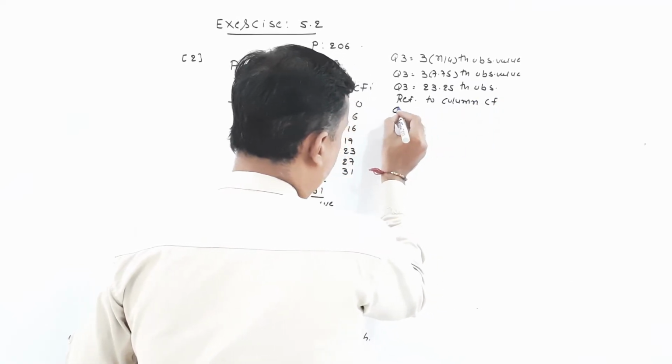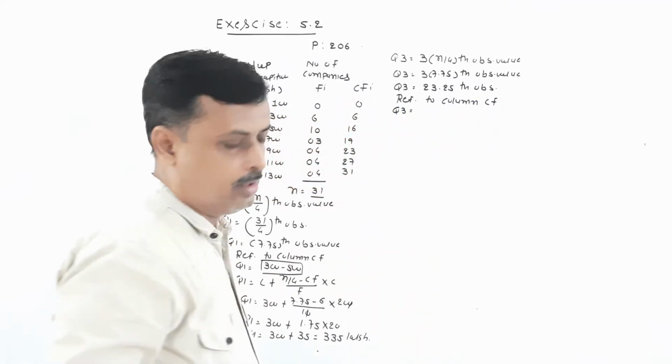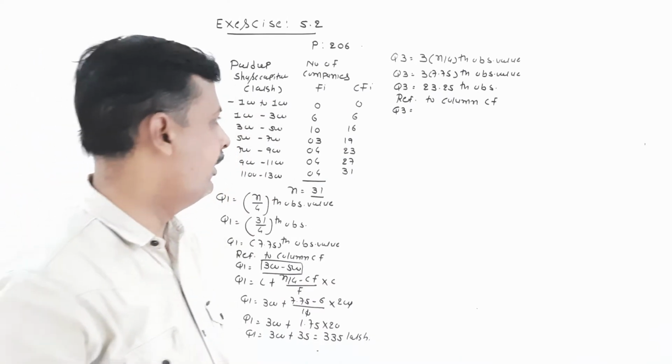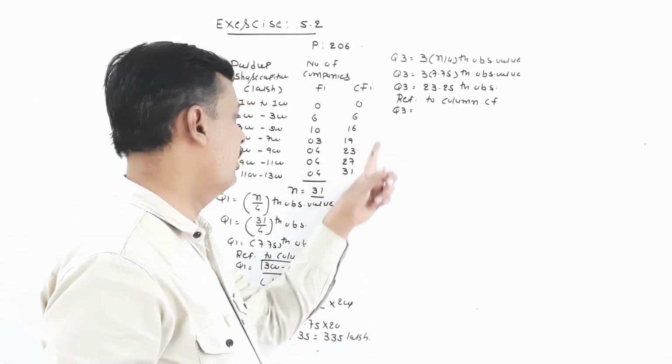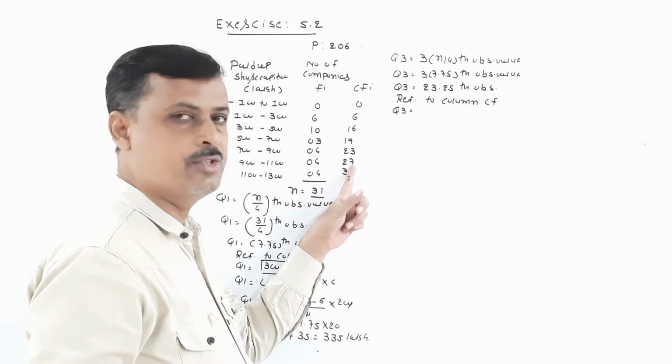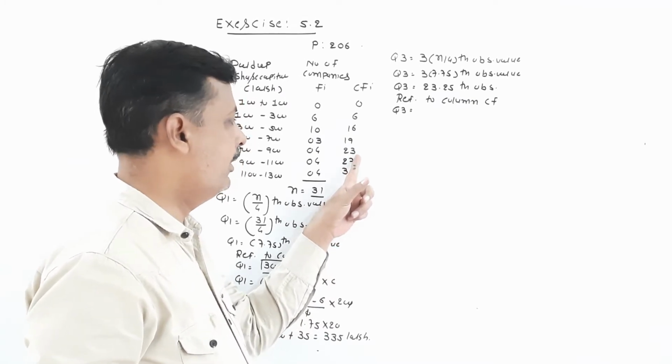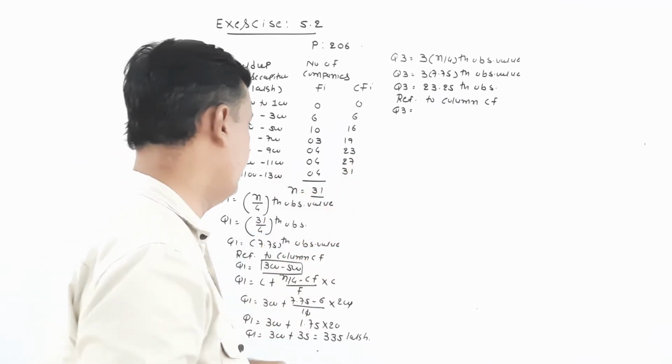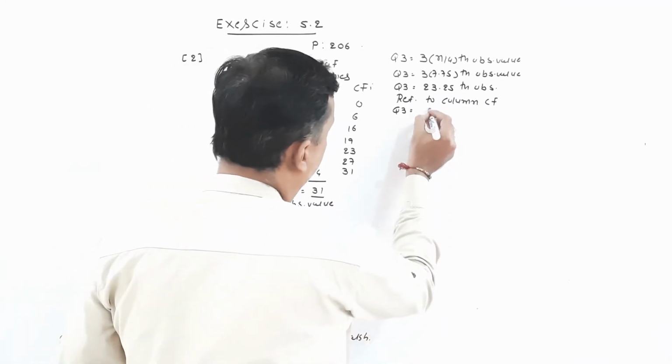Referring to column CF, 23.25 we get from 27, so the class is 900 to 1100.